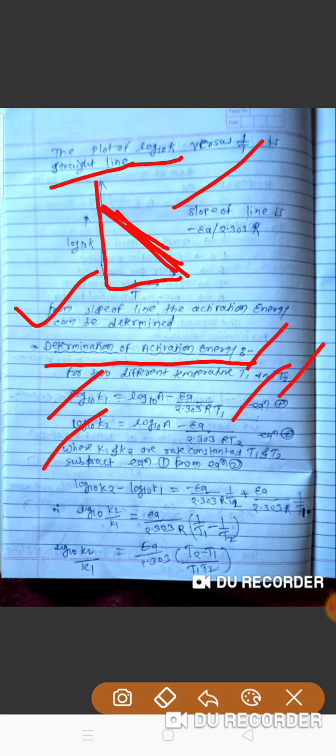So log to the base 10 K2 minus log to the base 10 K1 is equal to minus Ea upon 2.303 R into 1 upon T2, plus, because the equation has a negative sign and we are subtracting, minus minus gives plus, Ea upon 2.303 R into 1 upon T1.